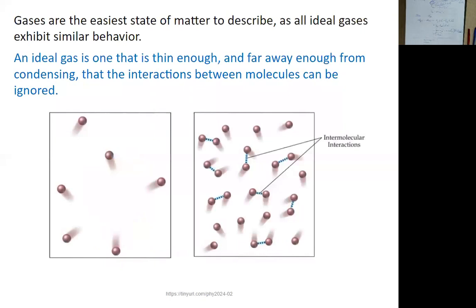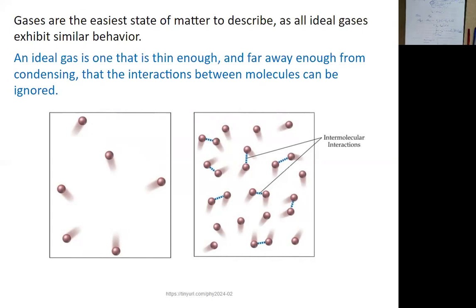So first, let's talk about gas. Gas is the easiest state of matter in science to study, but the real gas actually is very complicated. In theory, when you are studying something, you want to start from the simple configuration, right?